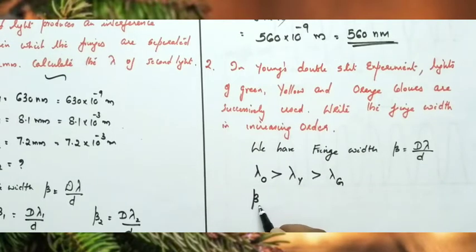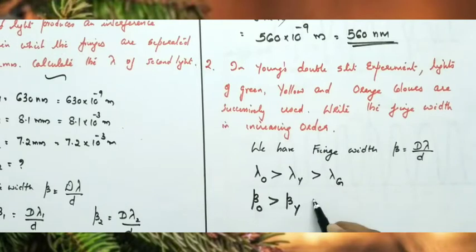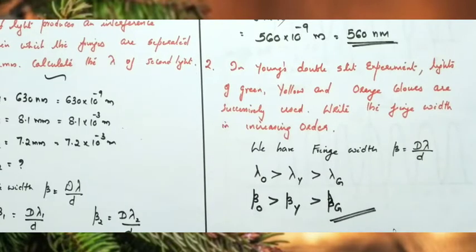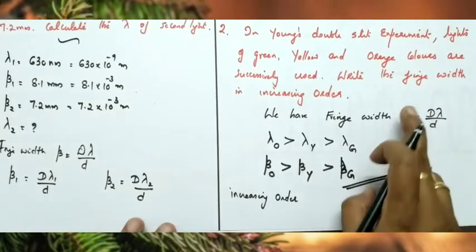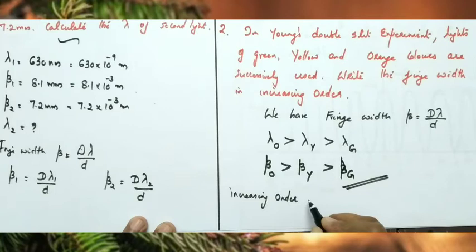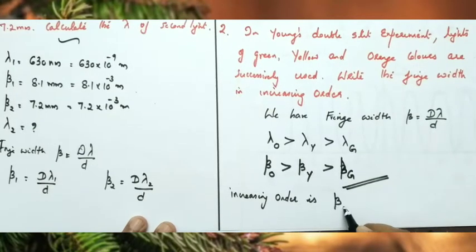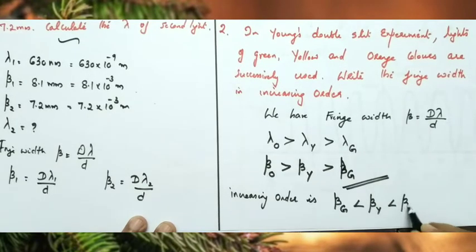So beta for orange is greater than beta for yellow, which is greater than beta for green. We have to arrange fringe width in increasing order, so the increasing order is fringe width of green less than fringe width of yellow less than fringe width of orange. So this is the increasing order of fringe width.